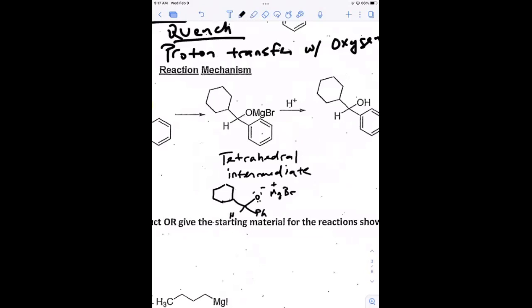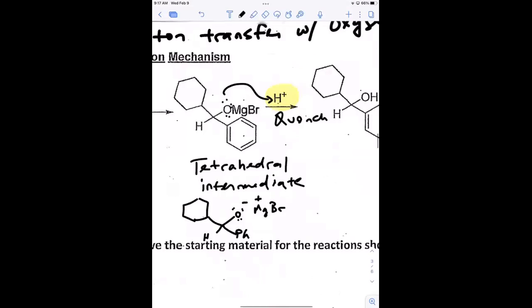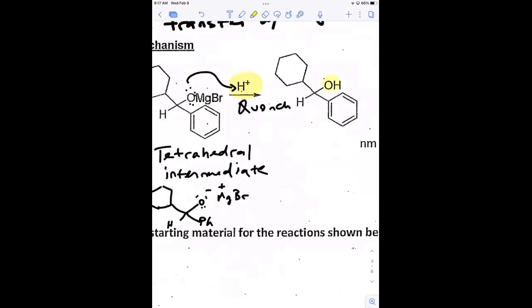But then in the quench step, which is here, remember, oxygen has 3 lone pairs of electrons, so it's going to attack that proton. So it's just going to attack like that and generate your alcohol.